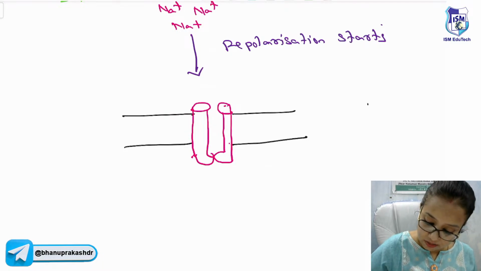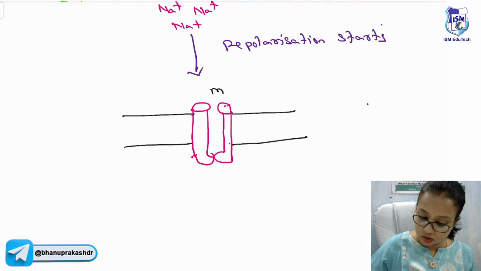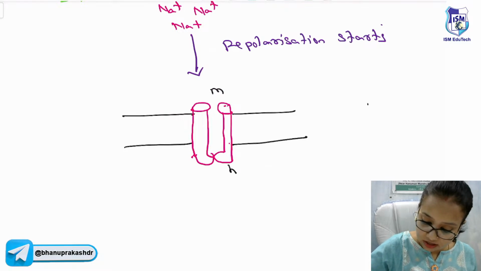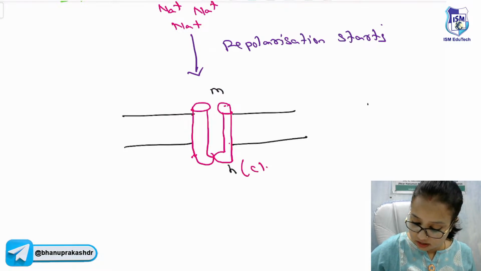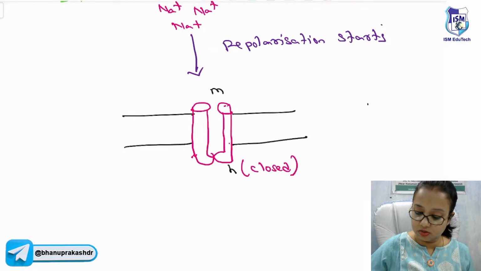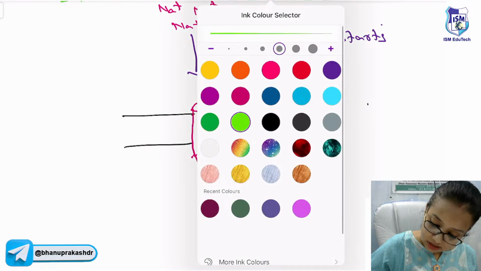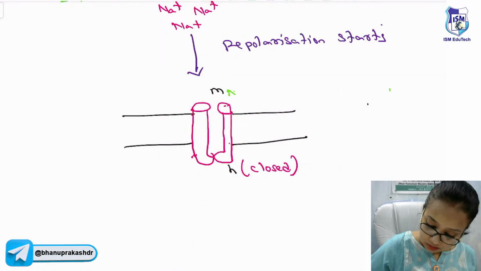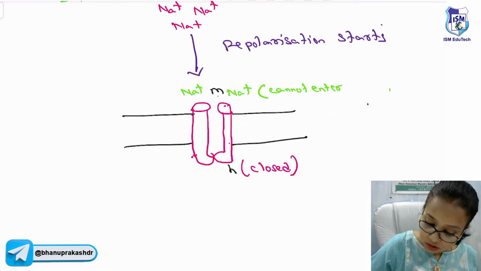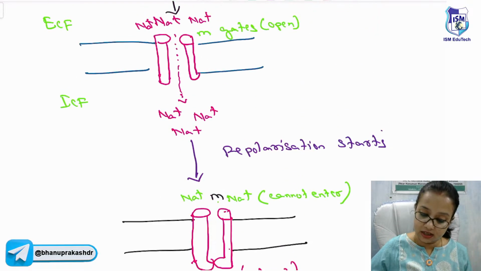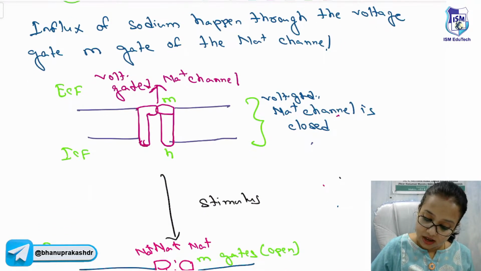So here you see the M gate is open, yet the H gate has closed down. As a result, the sodium, even if it is present, cannot enter. So this is the gate theory. Gate theory means in resting condition, the M gates are closed and H gates are open.